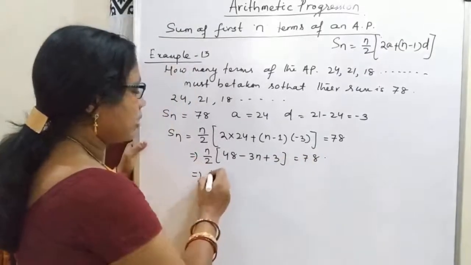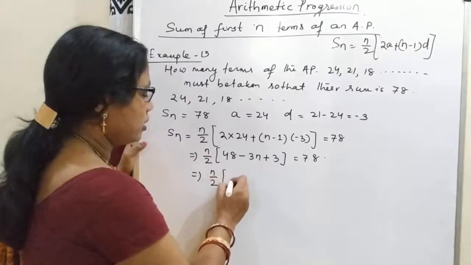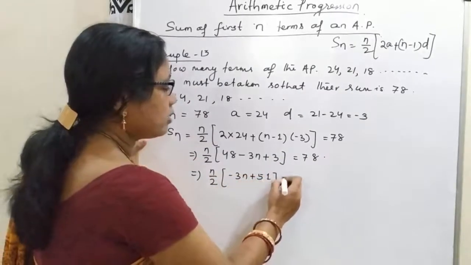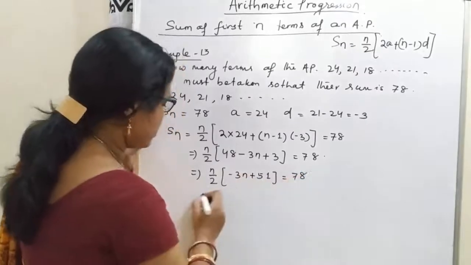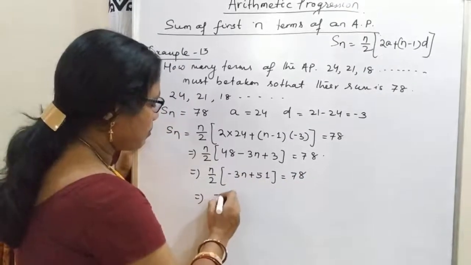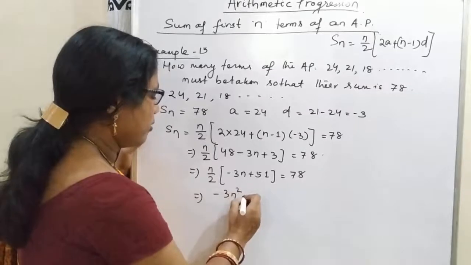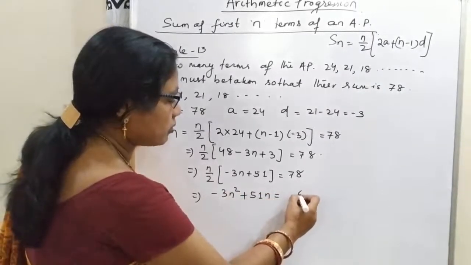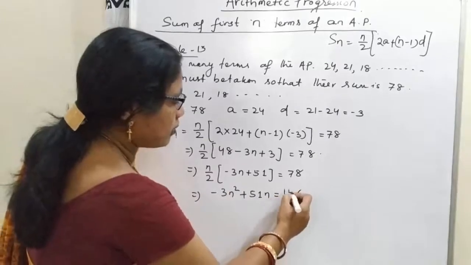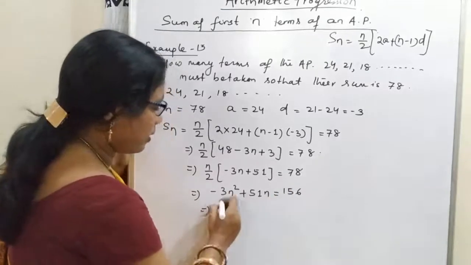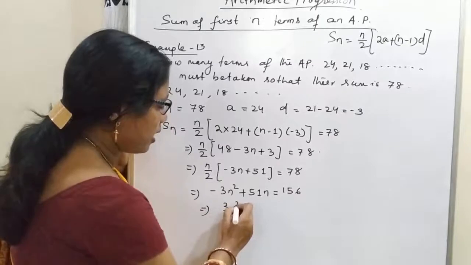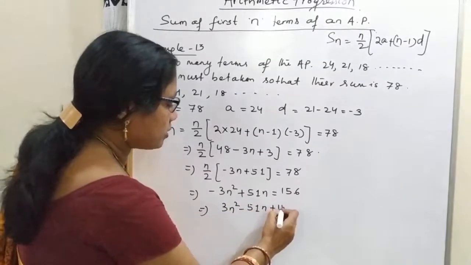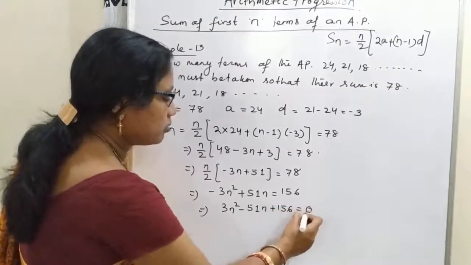So this implies n by 2 into minus 3n plus 51 is equal to 78. So this implies minus 3n square plus 51n is equal to 156. So this implies 3n square minus 51n plus 156 is equal to 0.